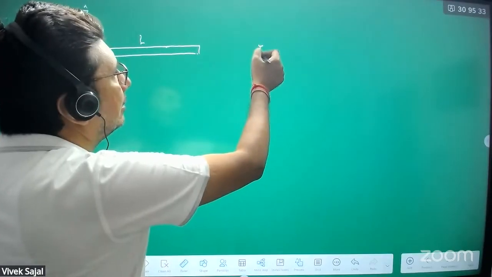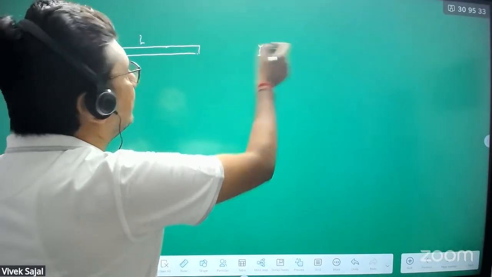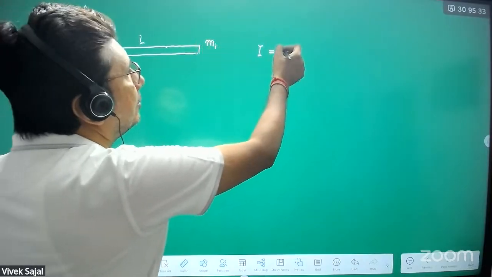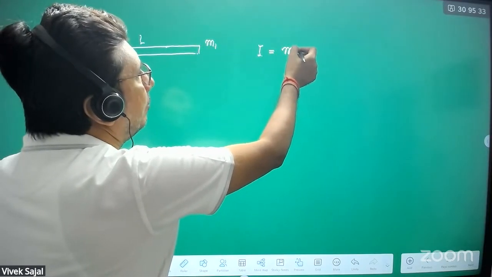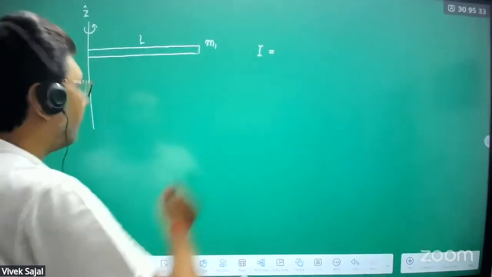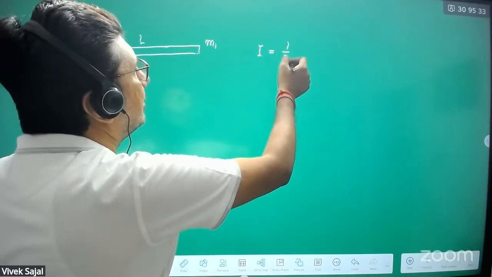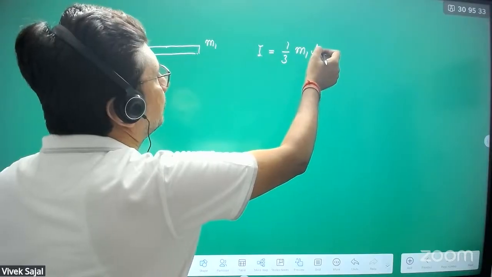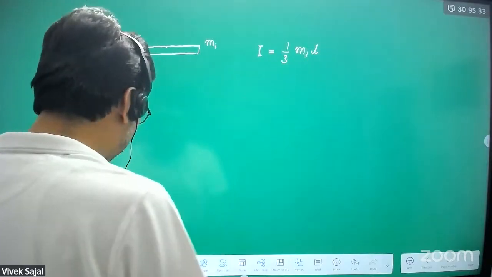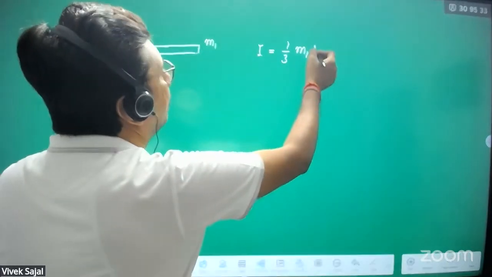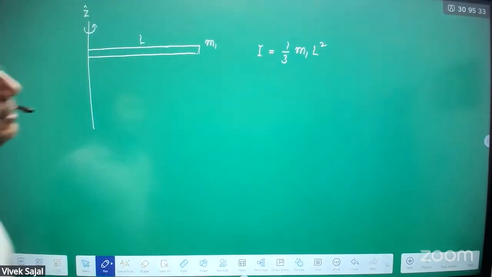Suppose the mass of this rod is M1. So I will be 1 by 3 M1 L square, where L is the length of the rod.